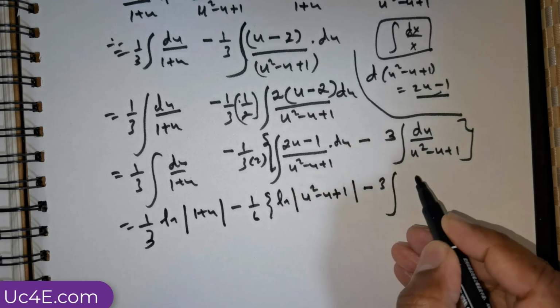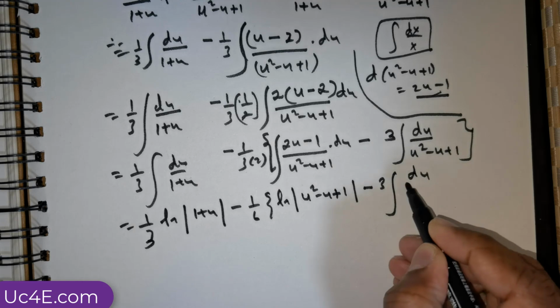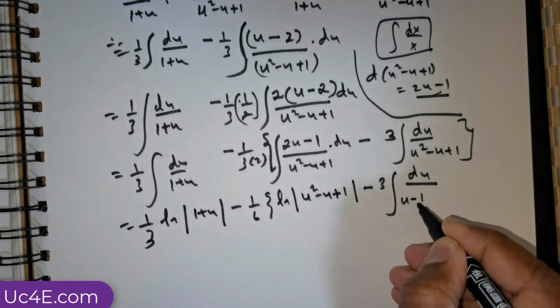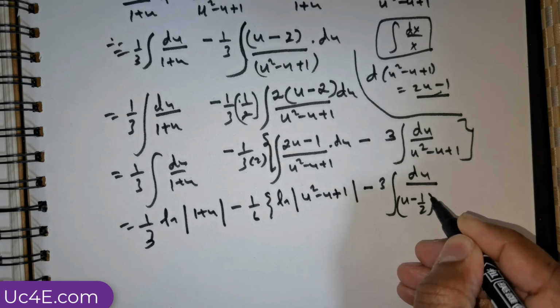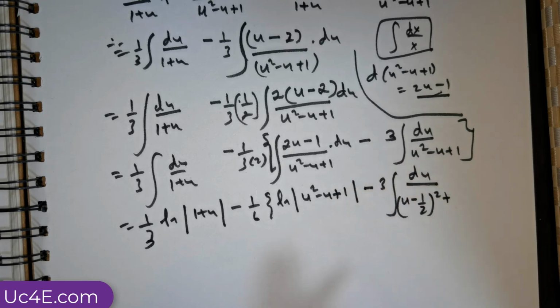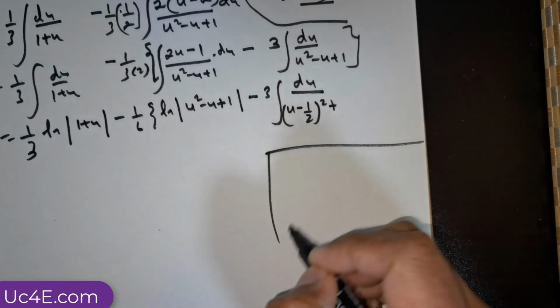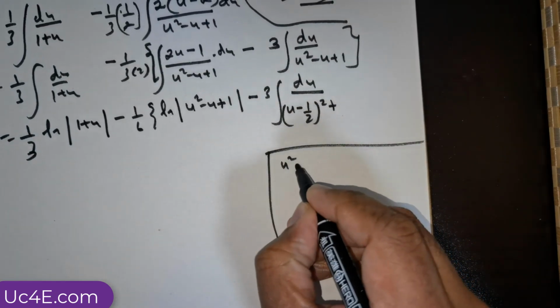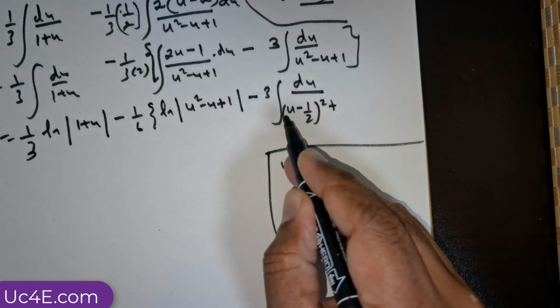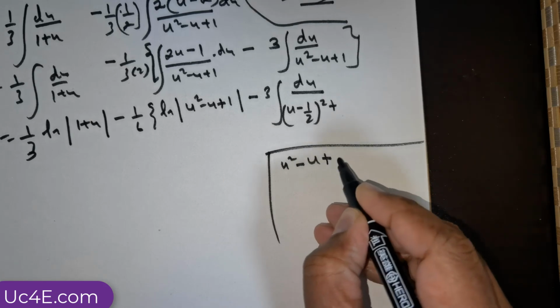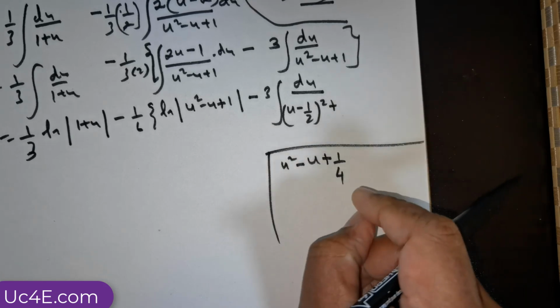I'm going to rewrite this as the integral du over (u − 1/2)² plus something. Let me expand this and show you what happens here. This is going to be u² − 2·u·(1/2), which produces u, plus 1/4.